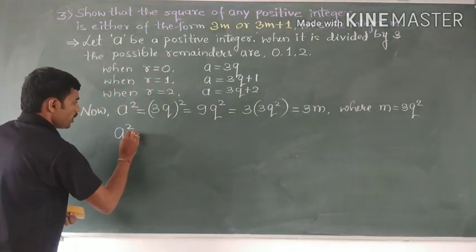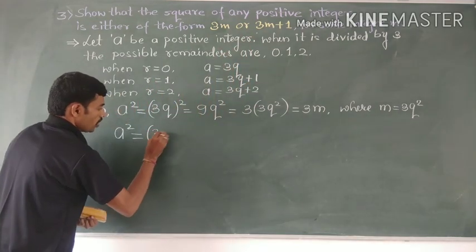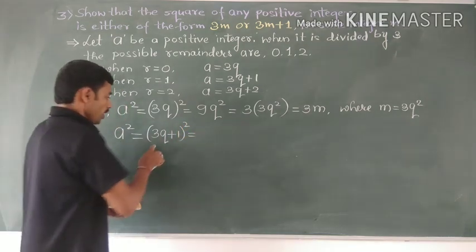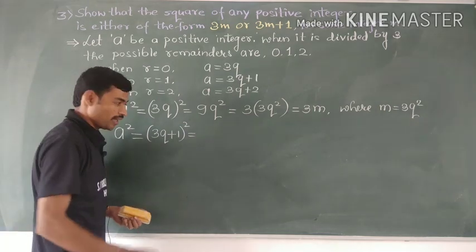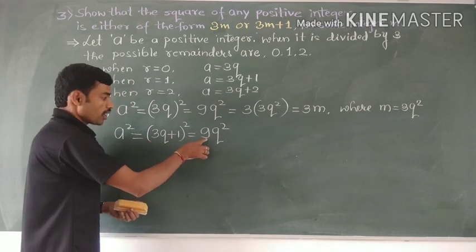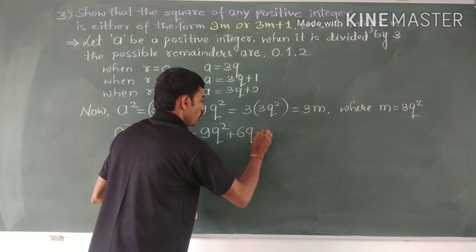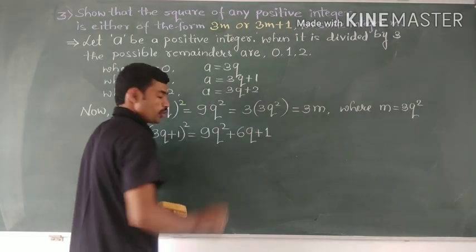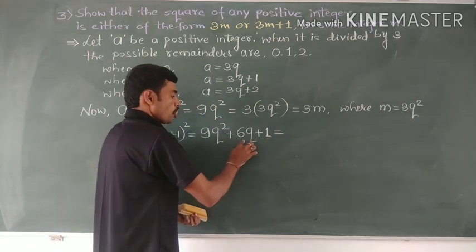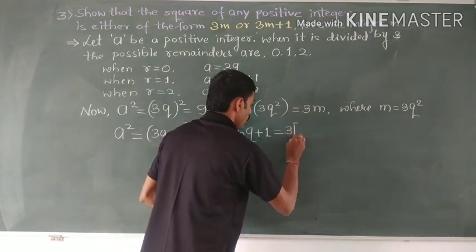Next, a square is equal to 3q plus 1 whole square, using the a plus b whole square identity. That is 9q square, 3 3s are 9q square, plus 2 3s are 6q, plus 1. In the first two terms, what is the common factor? 3 is a common factor. 3 you take outside. What we obtain?